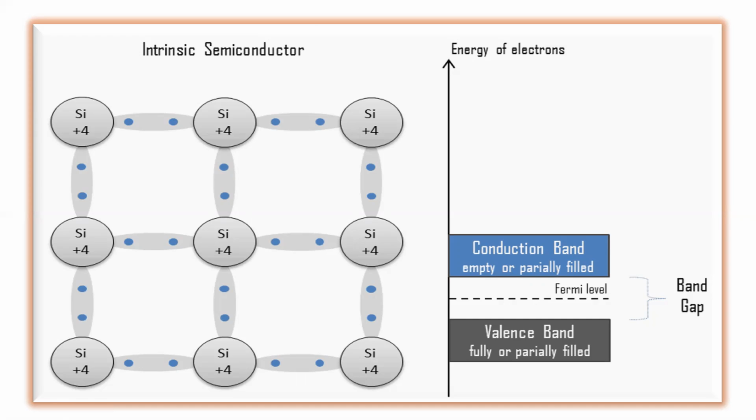This increases with increasing temperature, meaning more electrons are excited as the temperature increases. So we see more electrons in the conduction band as temperature rises, and we know that conduction electrons are responsible for electrical and thermal conductivity. In this way, the conductivity of semiconductors increases with increasing temperature.